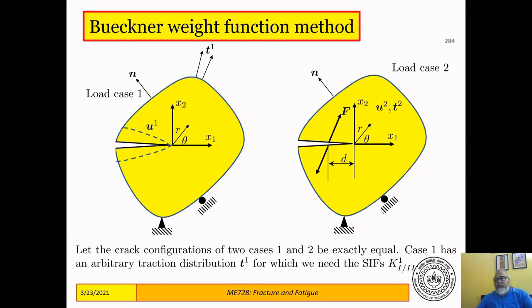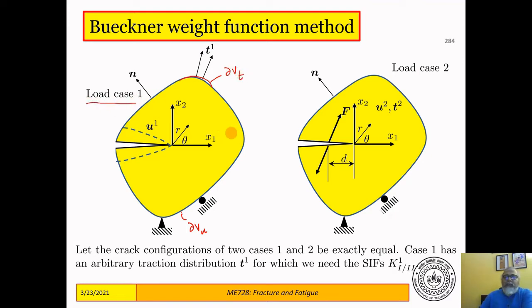To understand this weight function method, imagine that you have two load cases on the same body. This is the body, this is ∂V_U, the part where displacements are specified. This is ∂V_T, the part where tractions are specified in load case 1.